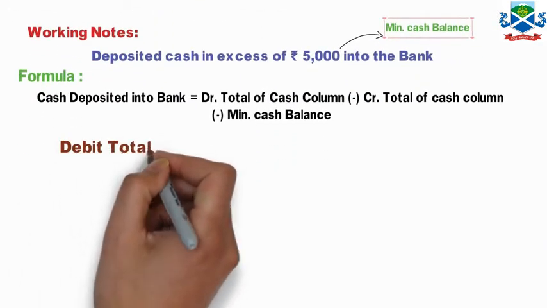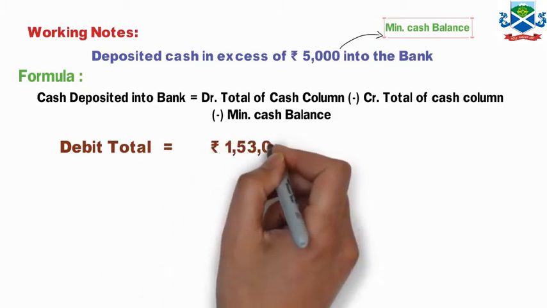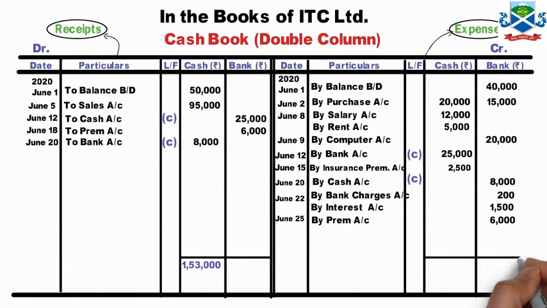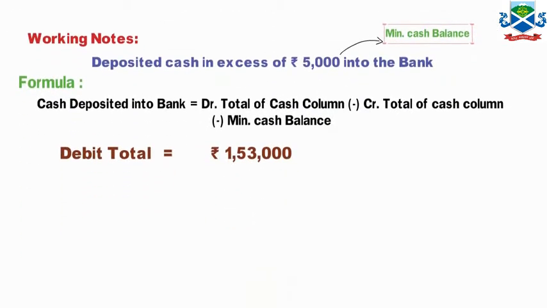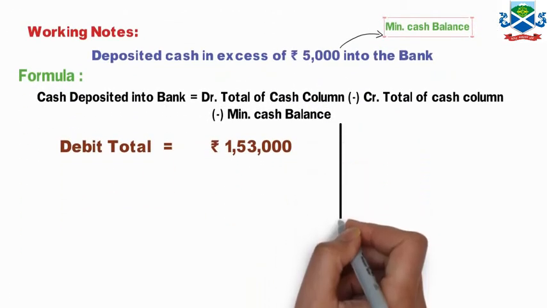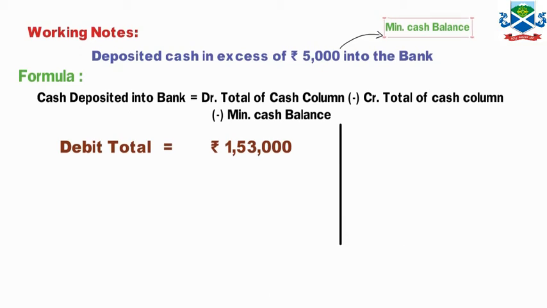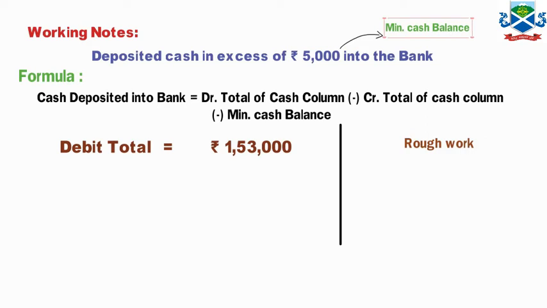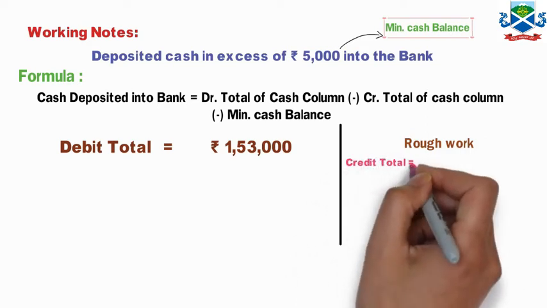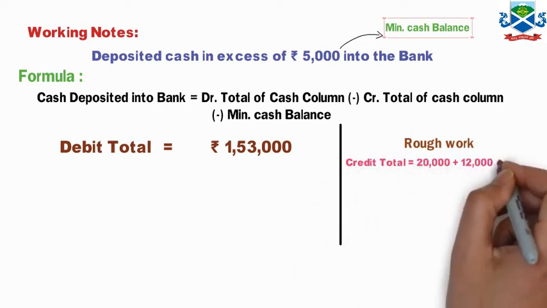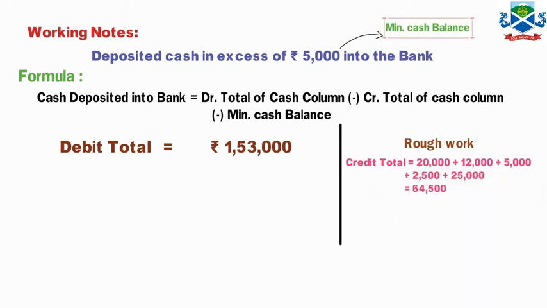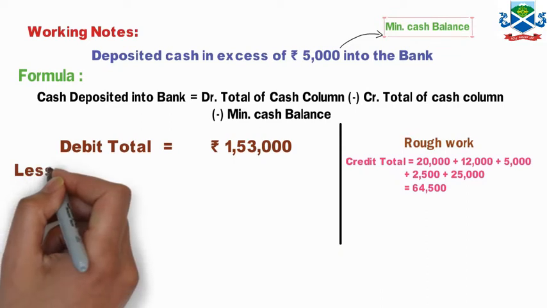And now for the credit total we'll add the credit side, all the 20,000, 12,000, all these credit figures. In the rough work we will do it. So the credit total is 20,000 plus 12,000 plus 5,000 plus 2,500 plus 25,000, equal to 64,500.